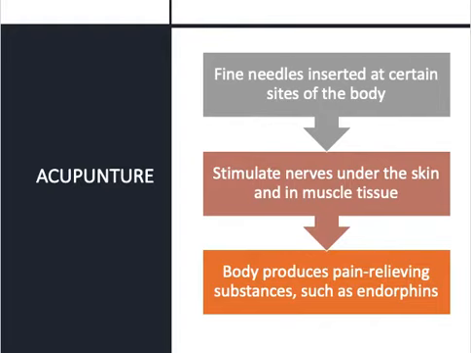That's why you feel like your pain is gone: by inserting fine needles and stimulating the nerve, you release endorphins. Okay, and you know endorphin is good. That is the scientific evidence for how this treatment can work. But according to traditional Chinese medicine, they feel it has something to do with qi, the flow of energy in the body. Okay, but we're only going to look at this.